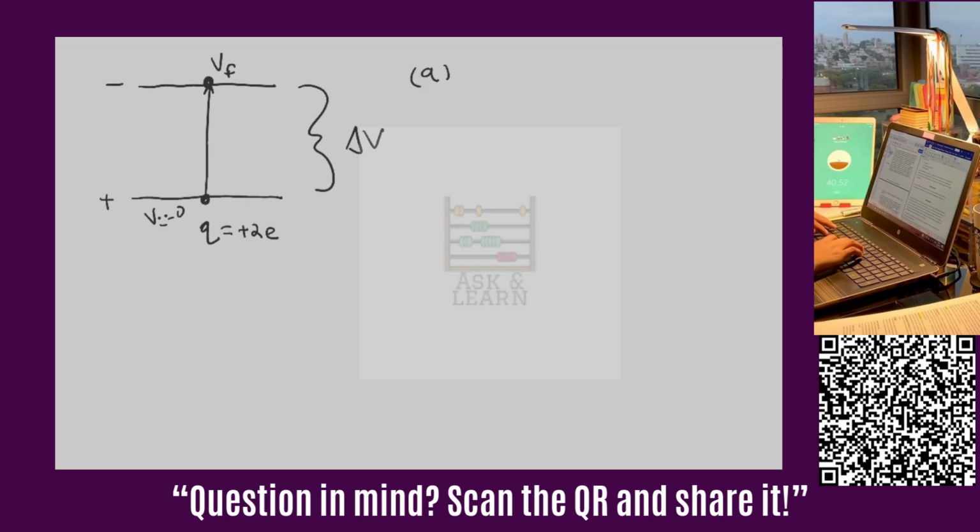We have to go back and think about accelerating through potential differences from previous chapters. When this charge goes through this potential drop, it is going to lose an amount of potential energy given by the value of the charge multiplied by that potential drop.